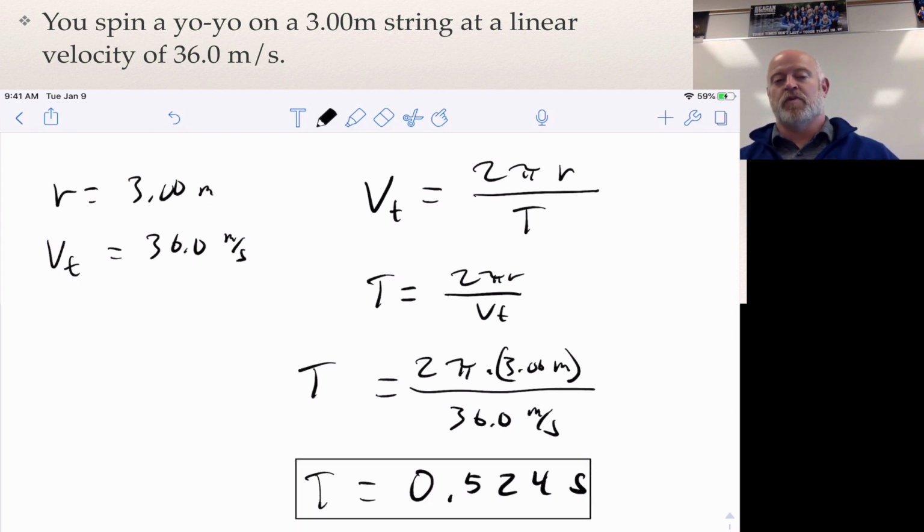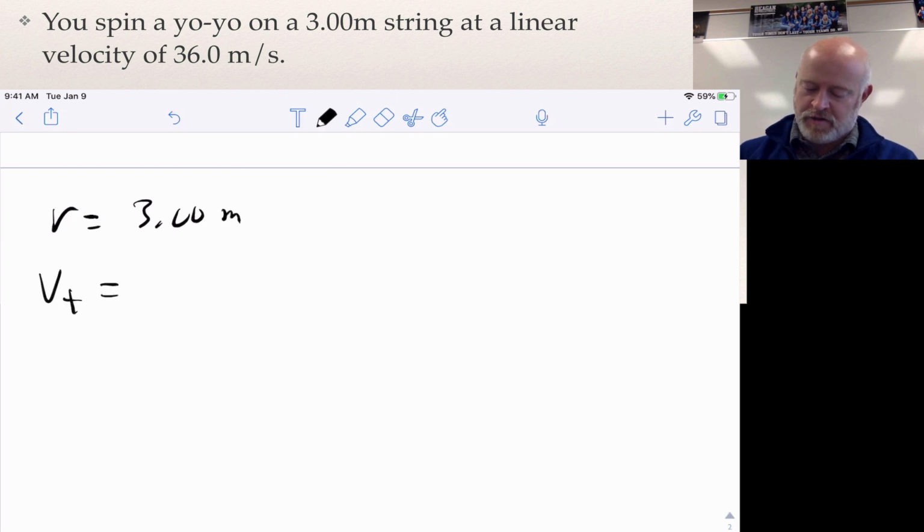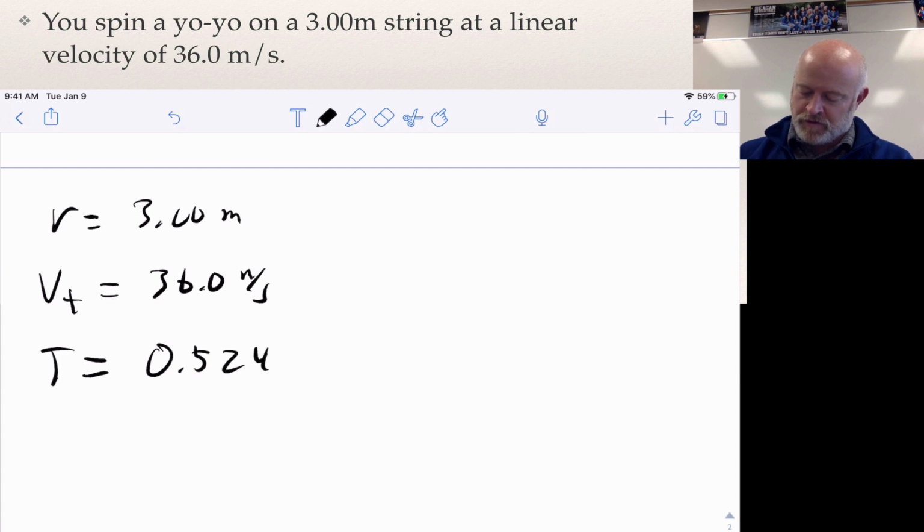Now the second part asks for the centripetal acceleration of this object. Solving for that, we still have a radius of 3, and a velocity tangent of 36.0 meters per second. We now also know the period, 0.524 seconds.